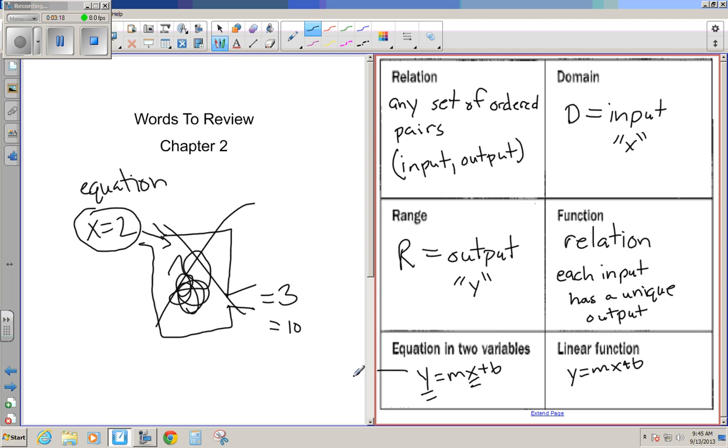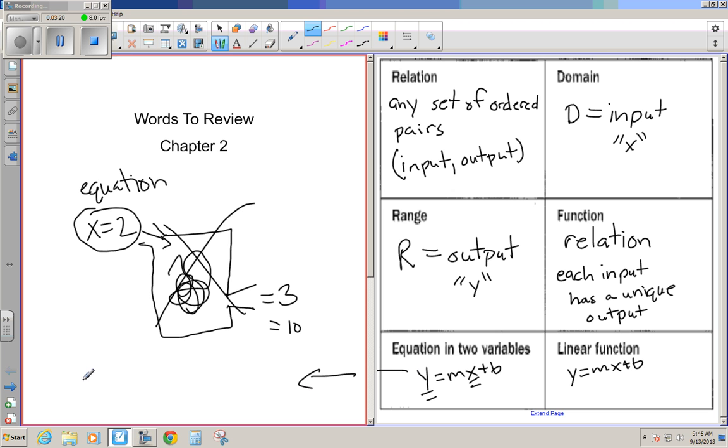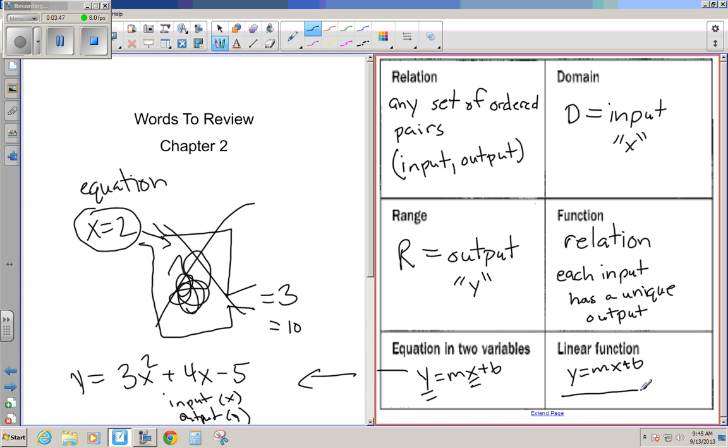Over here, I could have said that this is an equation in 2 variables, because the variables are an input, your x's, and an output of y. So anytime you have an equation and there are 2 variables, it's an equation in 2 variables. Linear functions are written like this, and there's another way that you can write them, and you'll see it in a minute.